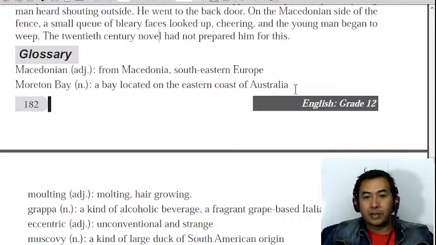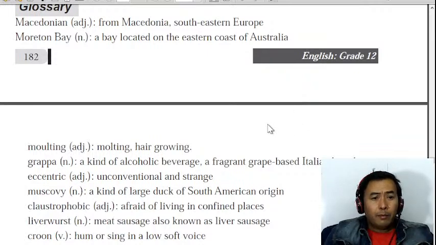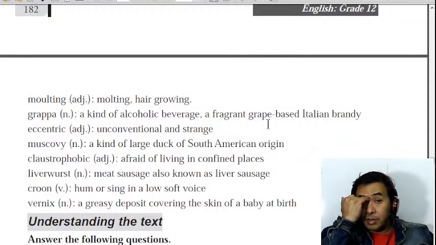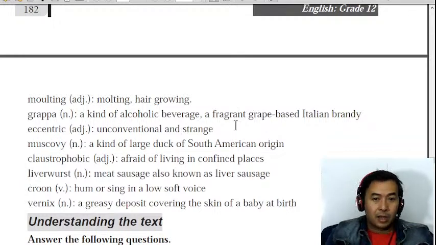As we know, the writer is from Australia, so Moreton Bay is not unexpected as one of the settings, because our author is very interested in the sea, beach, bay, water depth, and so on. Molting means hair growing. Grappa means a kind of alcoholic beverage, a fragrant grape-based Italian brandy. Let's say grape brandy.